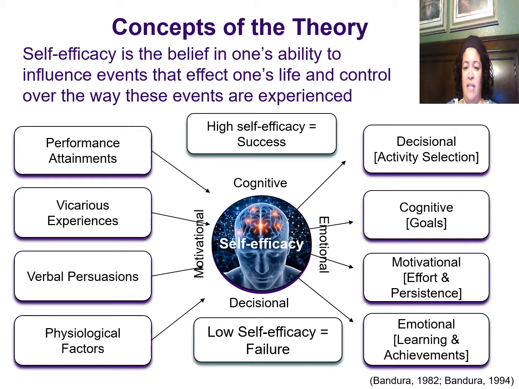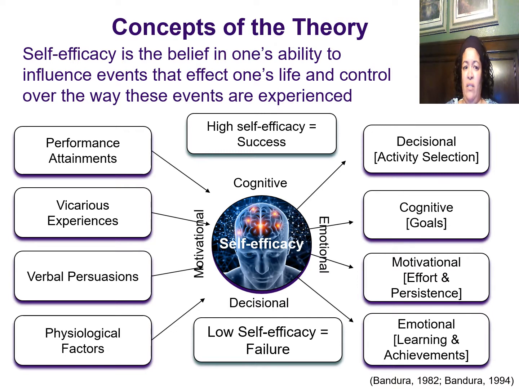They included performance attainments, whether you had succeeded or failed in the past; vicarious experiences, whether you observed a person and could identify with that person and felt that you were able to perform the activities that they were able to perform; verbal persuasion, somebody cheering you on; and physiological factors, how you interpret your somatic and emotional states, how you dealt with increased stress, sweaty palms, or if you remained calm during these stressful reactions.